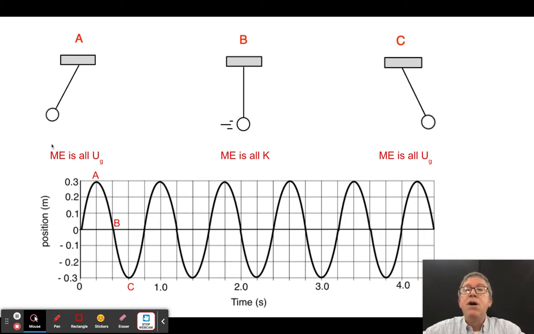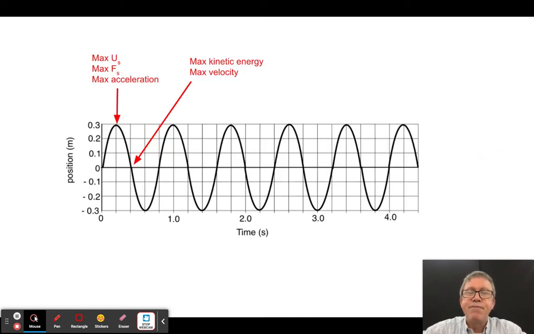But the point is, all of the energy is in potential energy at this point. As it swings downward, all of the energy is in kinetic energy at this point. Now it's going to slow down as it goes back up the other side, and eventually it's going to stop at point C when it has its maximum displacement, and all of its mechanical energy is now converted to UG. Totally analogous between the spring and the pendulum.